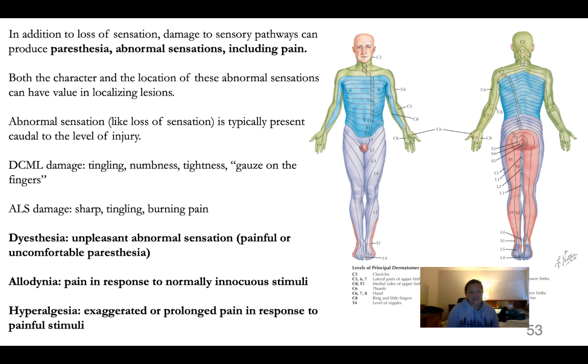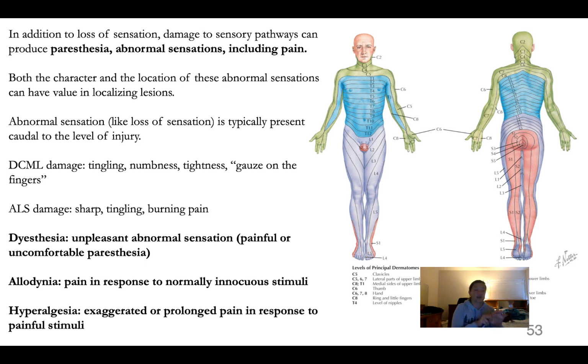You don't like it. When we get into pain, there are many categorizations of pain, but two words I want you to know are allodynia, which is pain in response to normally innocuous stimuli, and hyperalgesia, which is exaggerated or prolonged pain in response to a normally painful stimulus. So to give you an example of allodynia, for some people with neuropathic pain conditions, the presence of clothes on their skin is excruciating. And so that would be an example of allodynia.